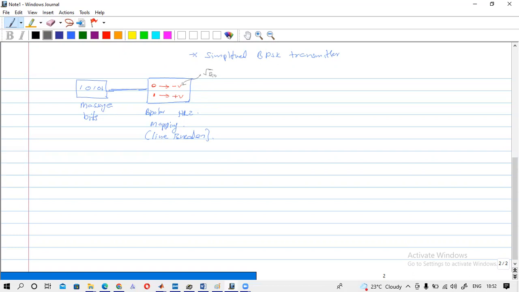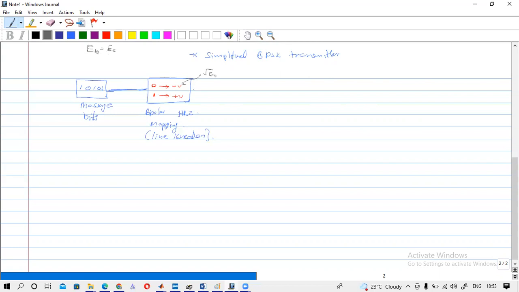This Eb is the bit energy, the energy of one bit. In BPSK, you know that bit energy is also equal to symbol energy. It is in BPSK, but in higher order modulation this will not be the same. Normally the bit energy will be lower than the symbol energy.